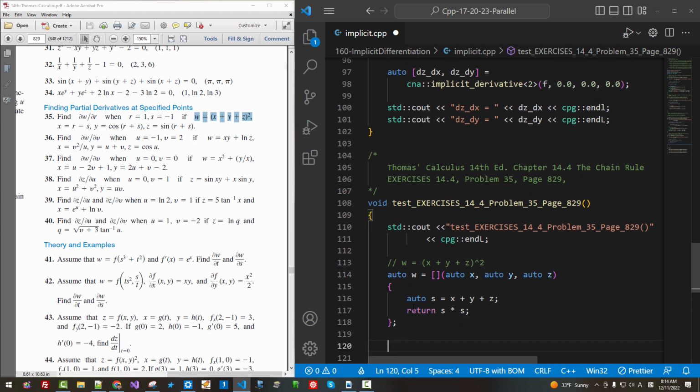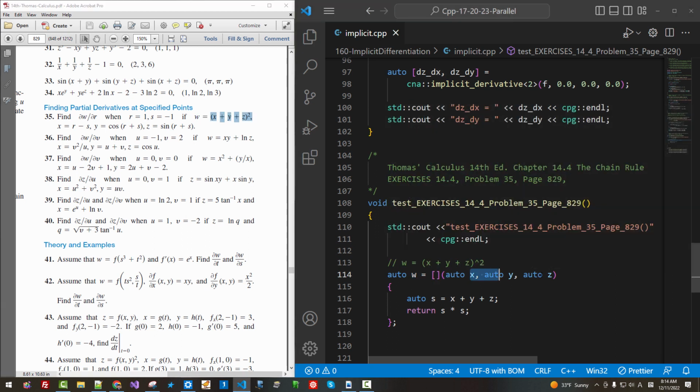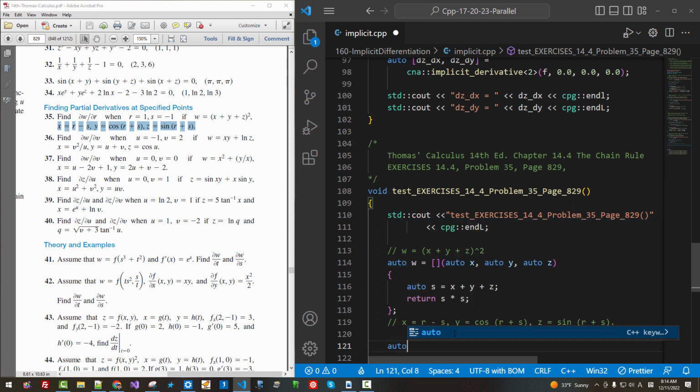So we defined function w here. Now function w takes 3 variables x, y, z. x, y, z is described here.